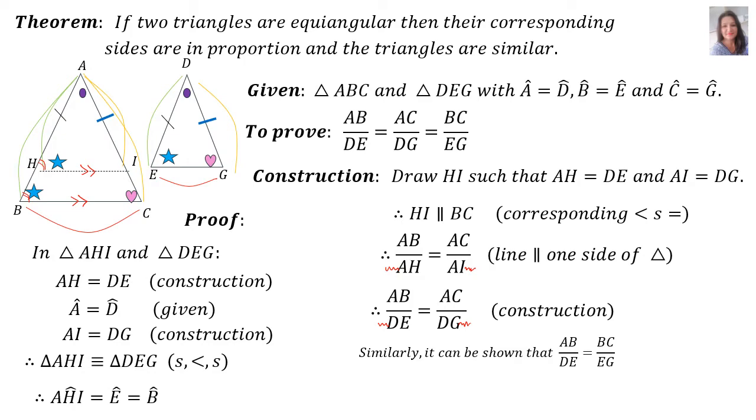And similarly, it can be shown that AB over DE is equal to BC over EG. Therefore, triangle ABC is similar to triangle DEG.